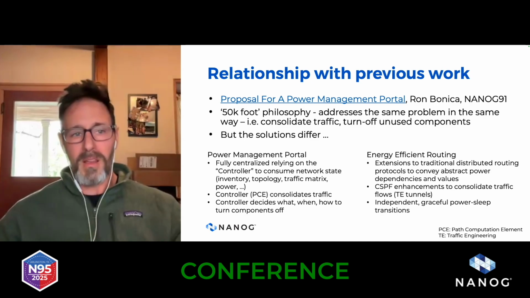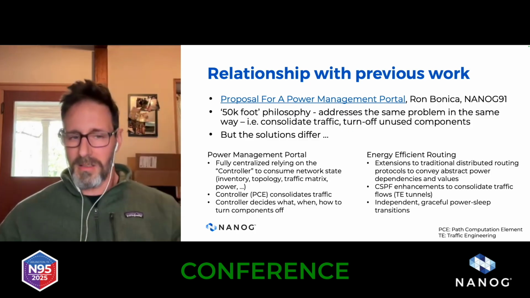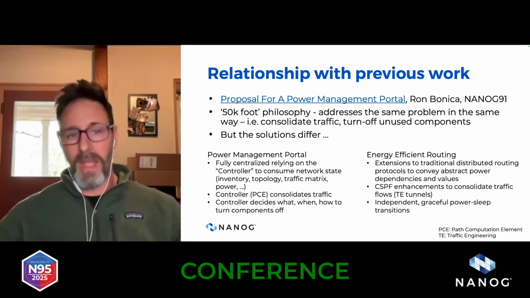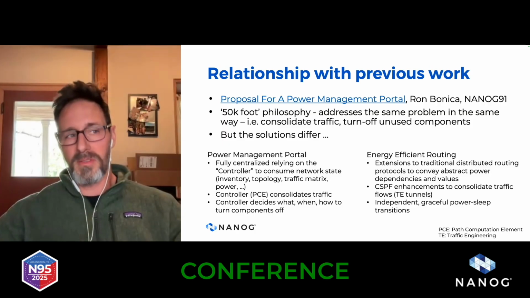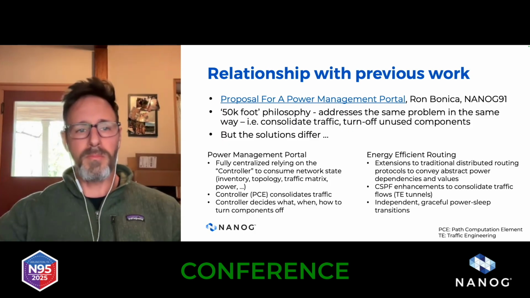So again, I want to acknowledge that there is some previous work here. The goal is the same. And before I get off this slide, I'd like to also note that these two solutions need not be mutually exclusive. There are ways to combine these types of solutions together that may fit your operational needs better than one versus the other. I'll touch upon that in the conclusion.